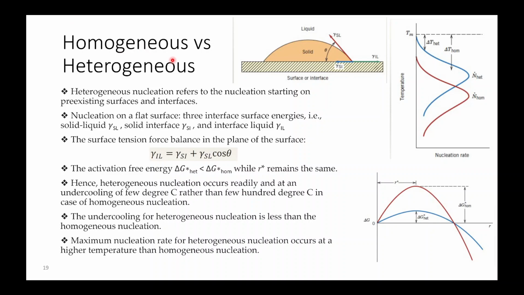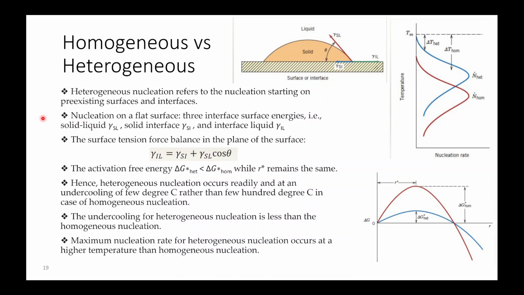Now, comparison between homogeneous and heterogeneous nucleation. Heterogeneous nucleation refers to nucleation starting on pre-existing surfaces and interfaces. This is your interface that is already present, and on this your liquid is solidifying.